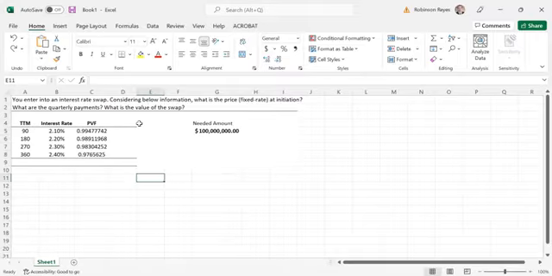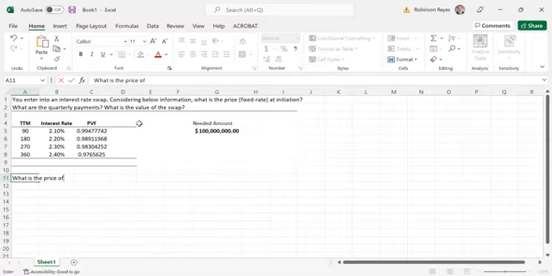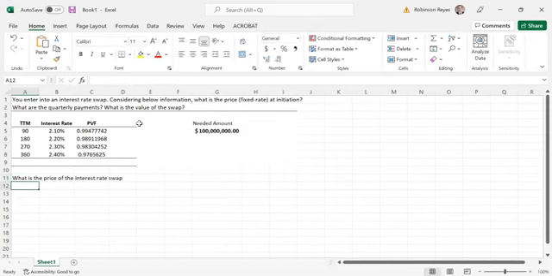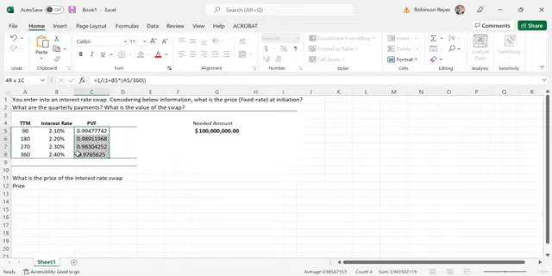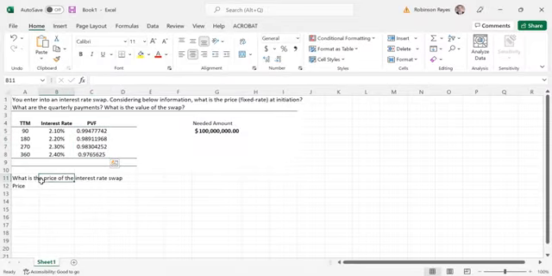Once we have the present value factors, then what is the price of the interest rate swap? One important thing is that we know that the price of the swap is that fixed coupon rate that makes the bond trade at par, considering variable yields, and the variable yields are reflected in the present value factors, right?